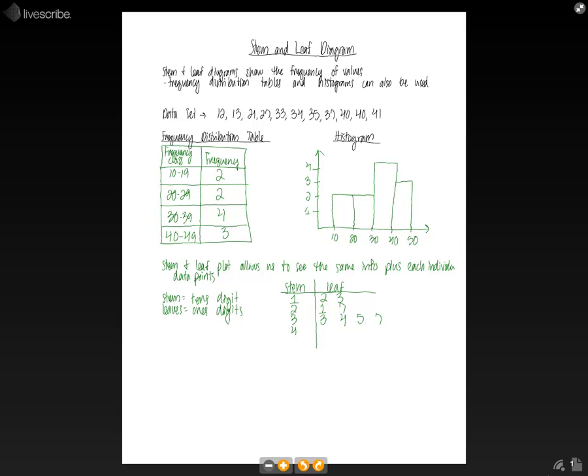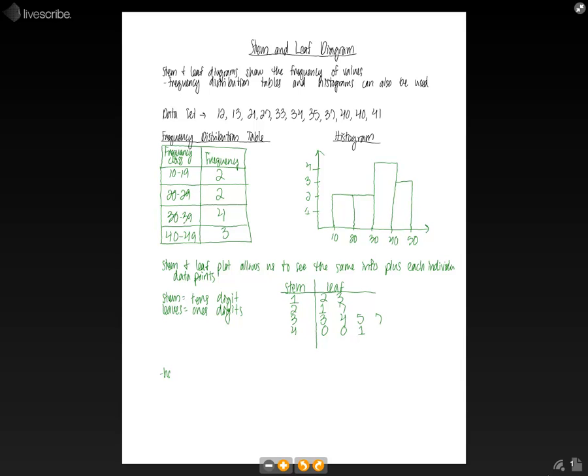Finally, for the 40s, we have two 40s, so we put the 0 down twice because that ones digit needs to be represented twice. Then we have a 41, so we just place a 1. This is what our stem and leaf plot would look like.